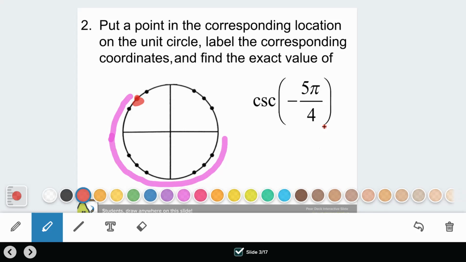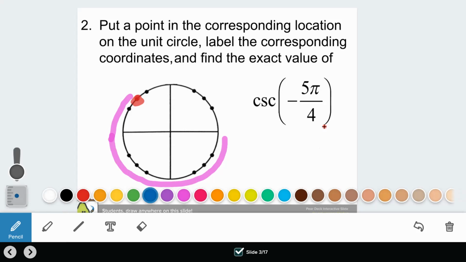So we're going to have a point right there, and the coordinates of that point are going to be -√2/2, comma, +√2/2. And we want to find the cosecant of this.